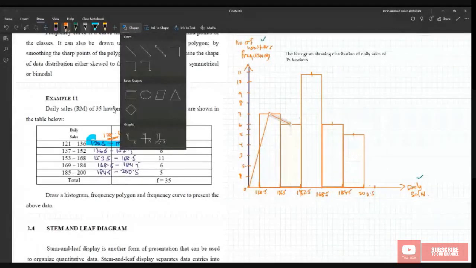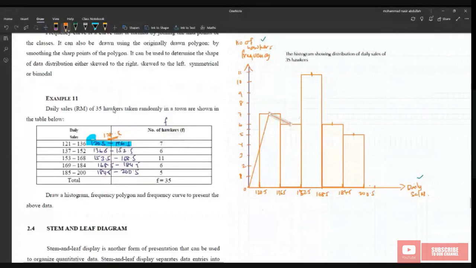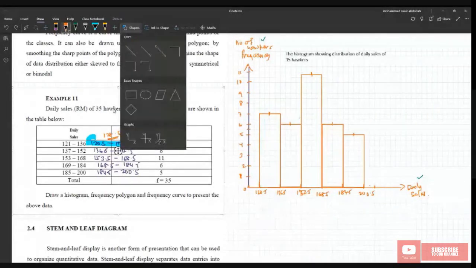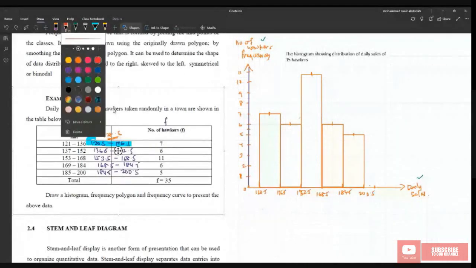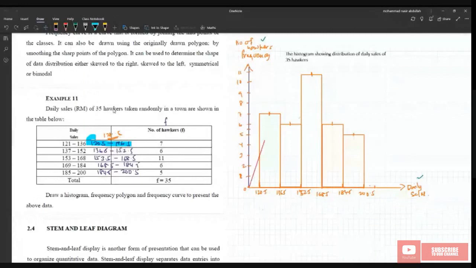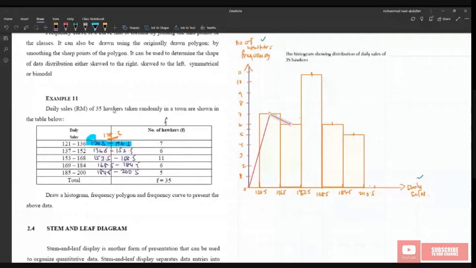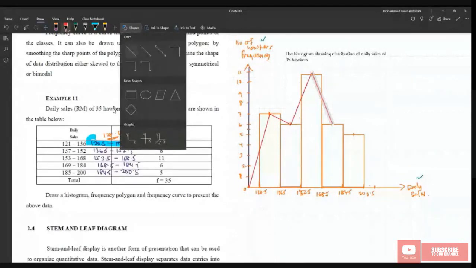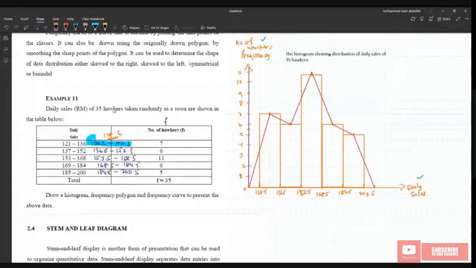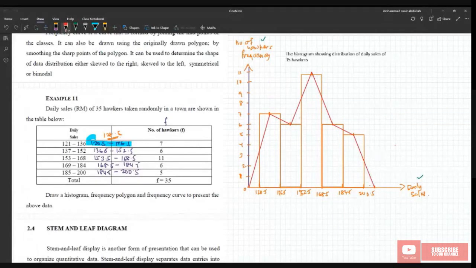Let me use another color. So by joining the midpoint for each class, this is what we call a frequency polygon, right?